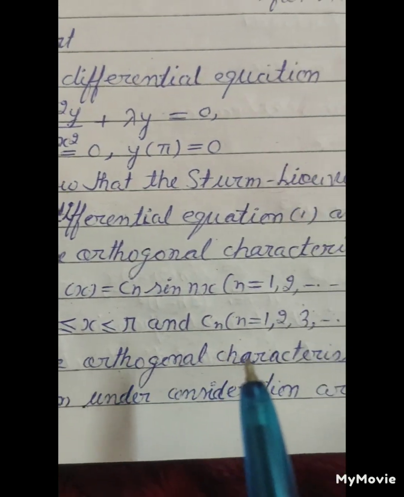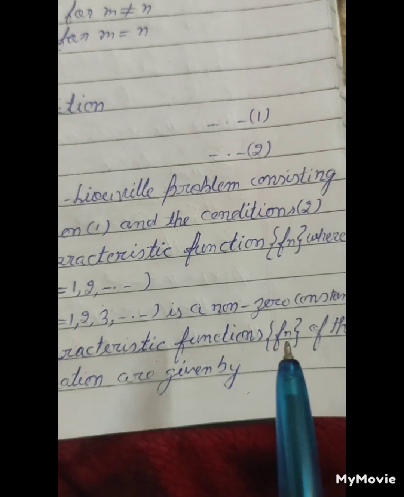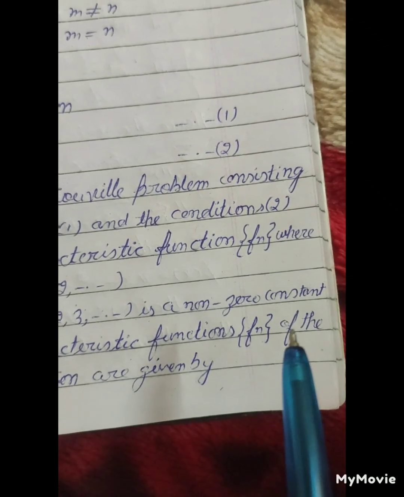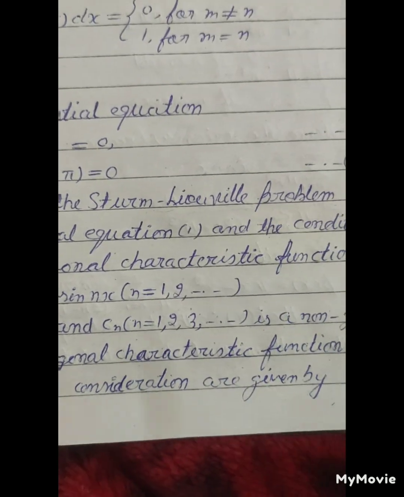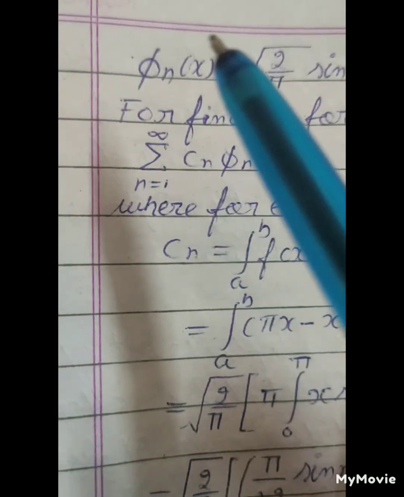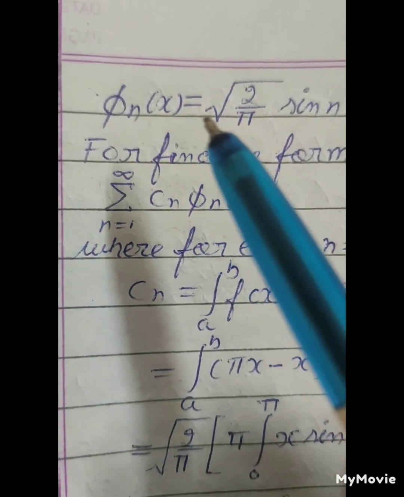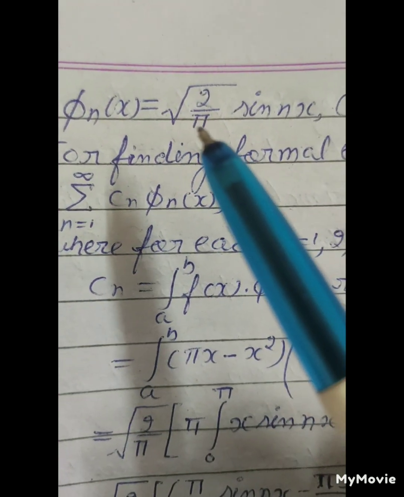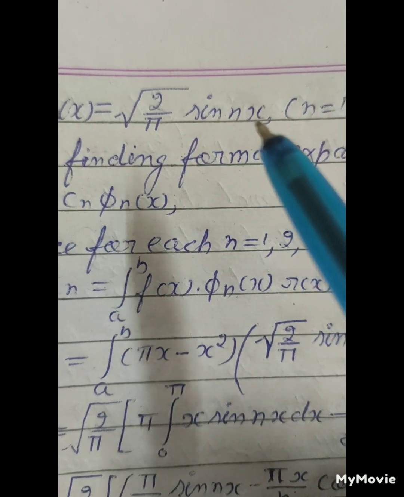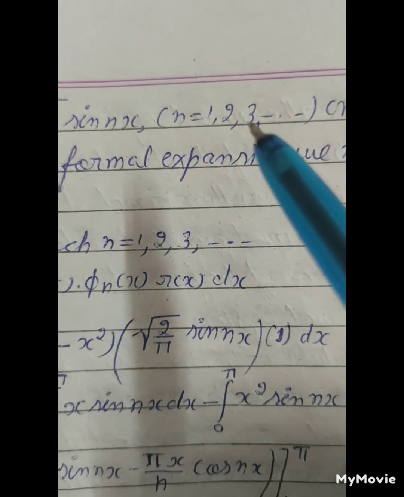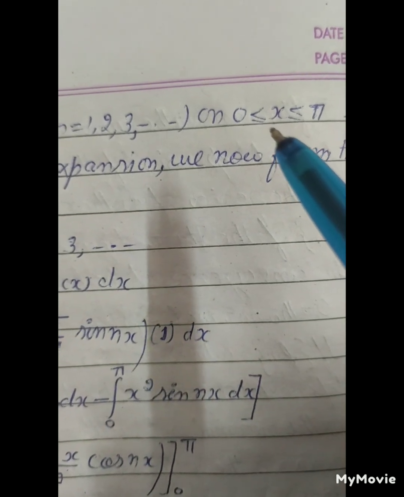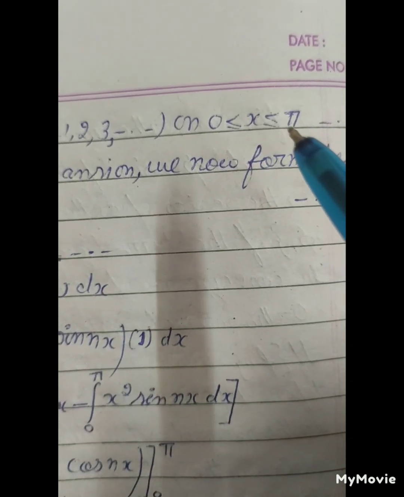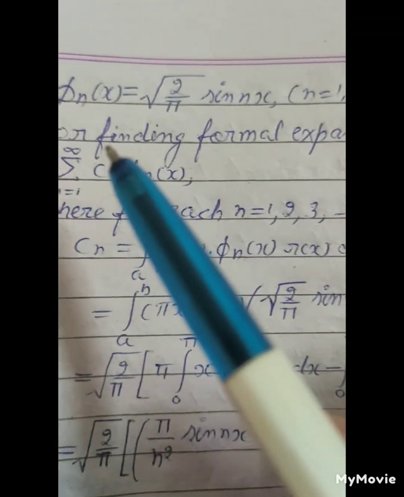The orthonormal characteristic functions of the problem under the condition are given by φn(x) = √(2/π) sin nx, n = 1, 2, 3 and so on, 0 ≤ x ≤ π, equation 3.